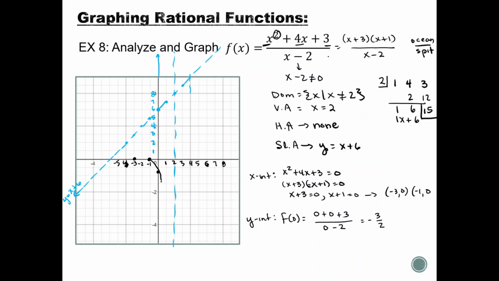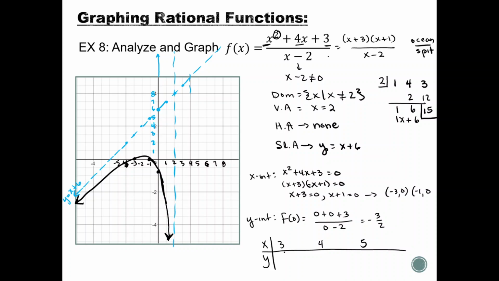So right away I have enough information on this side to connect these dots. Remember, the graph is going to go towards those asymptotes. Okay? So all I really need to do to fill in some detail is to plot numbers like 3 and 4 and 5 and get some information over here on the right.